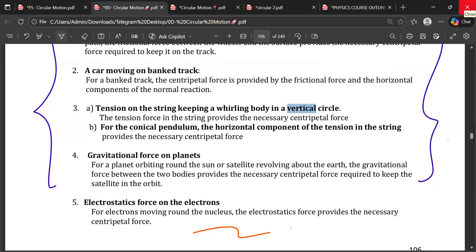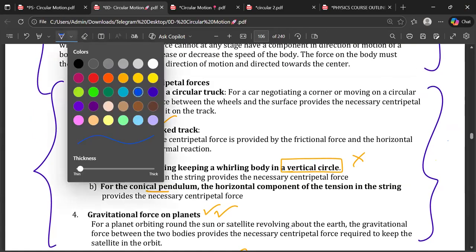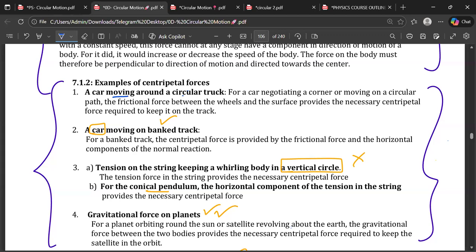This talked about the gravitational force on planets, the electrostatic force on electrons. Don't ignore examples to do with the vertical circle and the conical pendulum, we shall see that. A moving car, we saw that. You can also see a car moving around a circular track. You can see the friction force that I told you about that provides the necessary centripetal force.